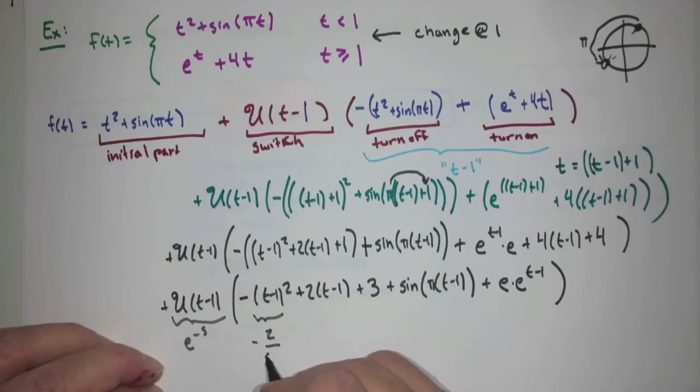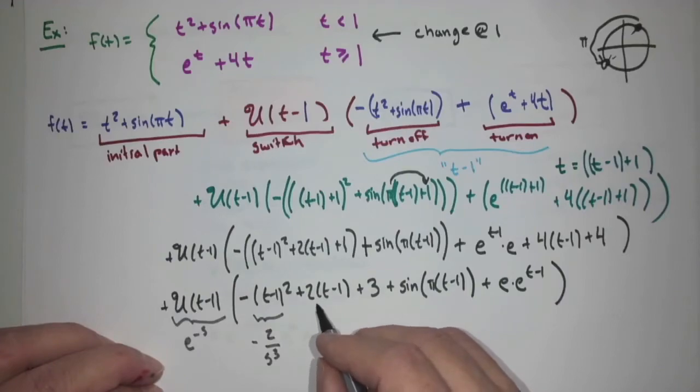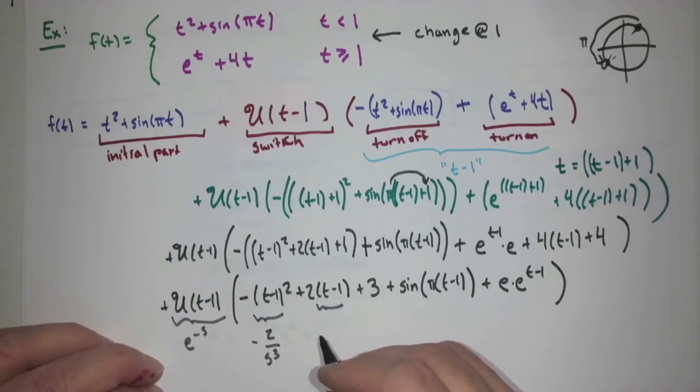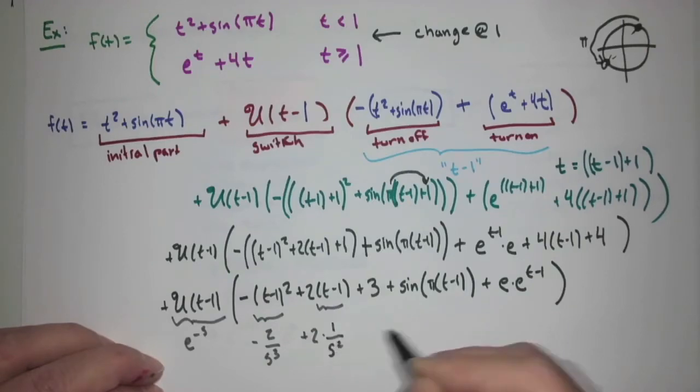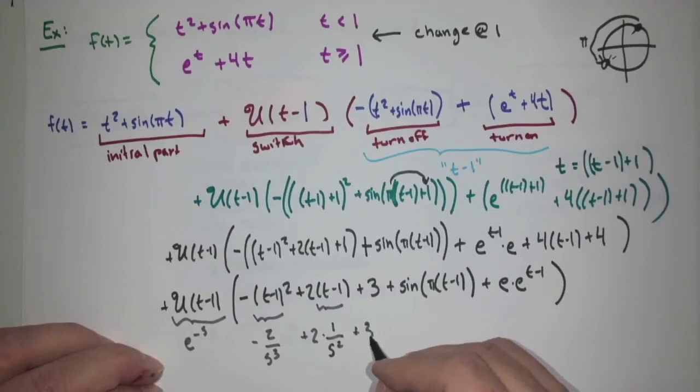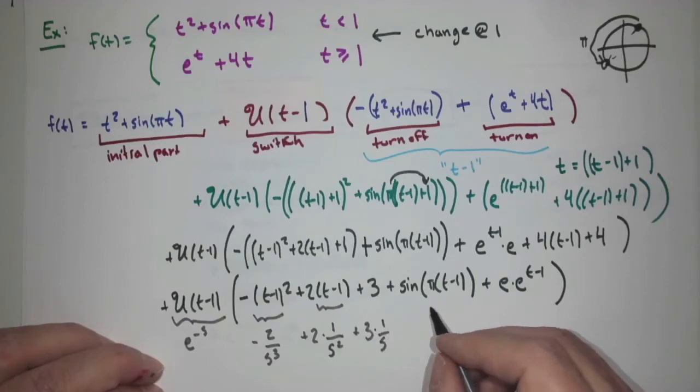Two over s cubed. T minus 1 you treat like t. What does that go to? 1 over s squared. Good. 3 goes to 1 over s.